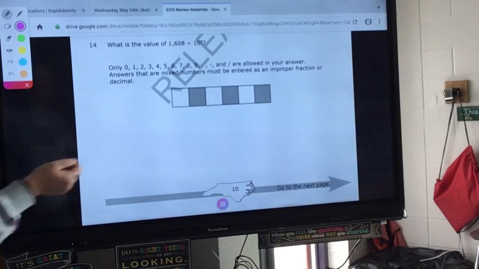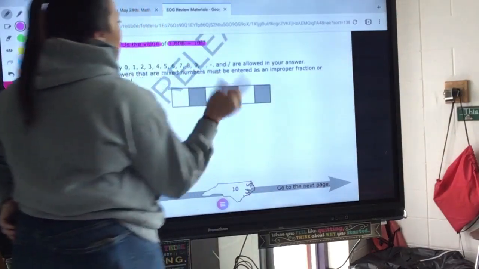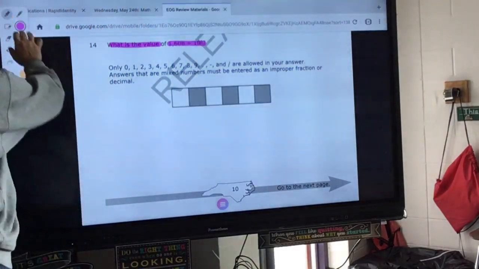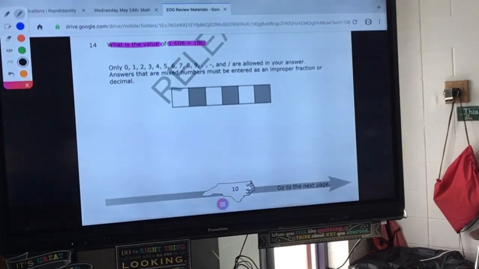All right, so it says, what is the value of 1,608 divided by 10 to the third power? So this one I would do in your notebook if I were you guys. Technically, that is what kind of question? Order of operations. So what do we have to do first, Mikhail?